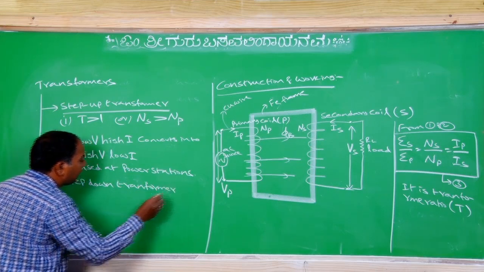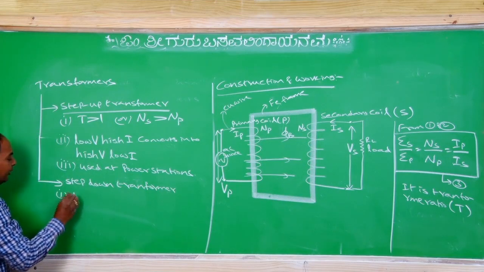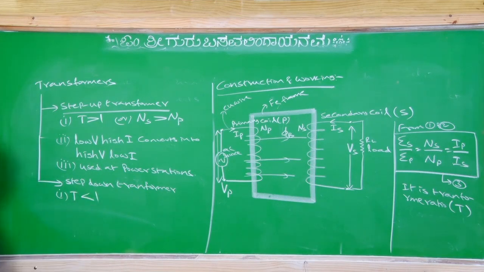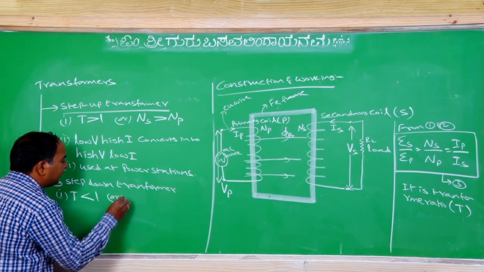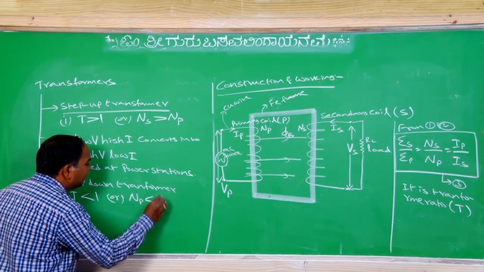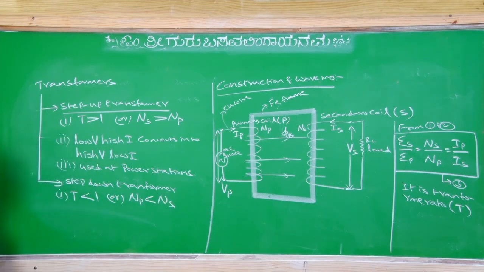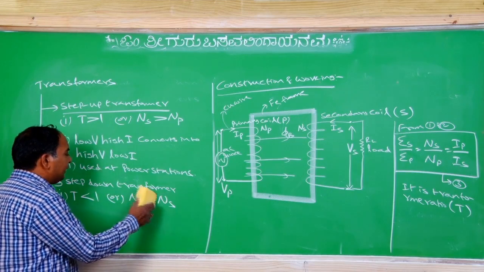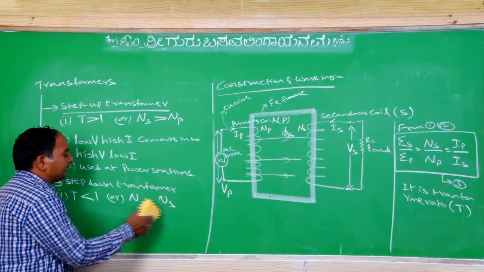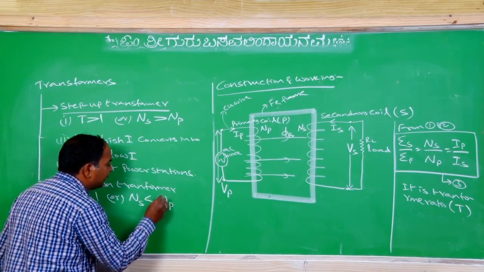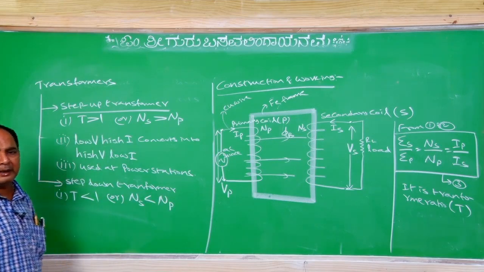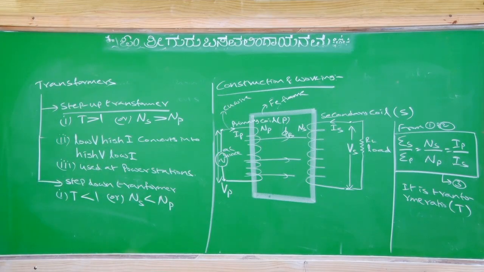If the transformer ratio is less than 1, or if NP is greater than NS, or as we wrote earlier, NS is less than NP. That means the primary coil has more turns and the secondary coil has fewer turns. That is a step-down transformer.